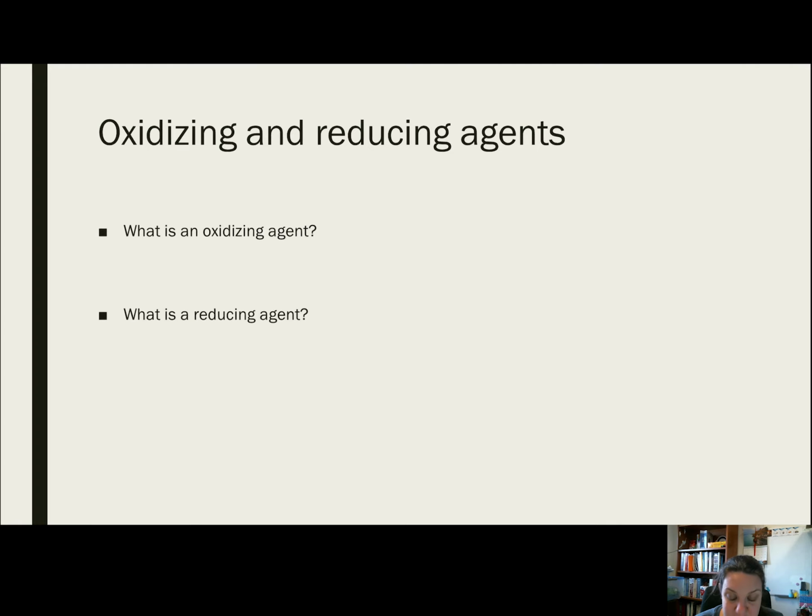Next we're going to look at oxidizing and reducing agents. An oxidizing agent is something that's going to oxidize something else. So it causes the oxidation of another species. It's not a species that gets oxidized, it causes the oxidation. So this has to be the thing that is being reduced.